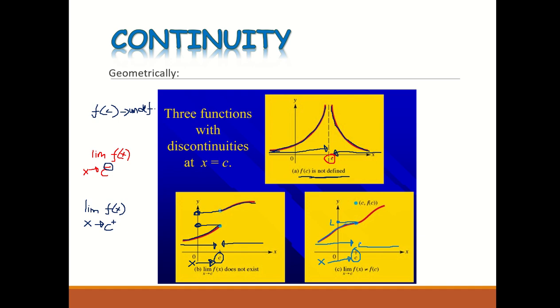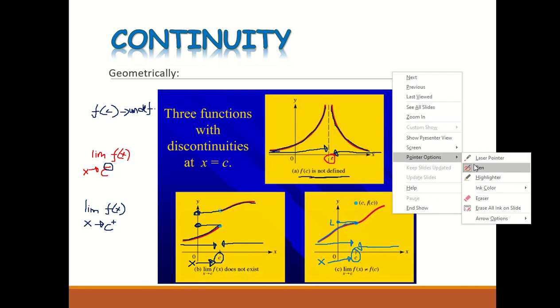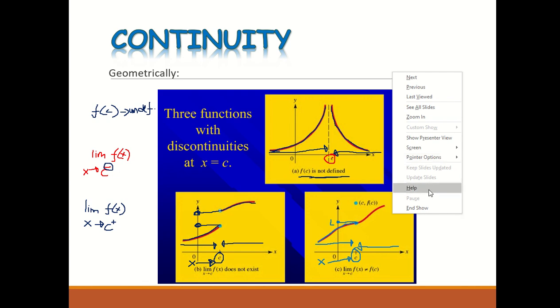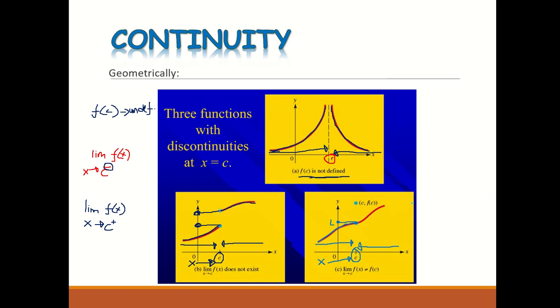Now, tracing the graph from the right towards C, you focus your attention here. I'll change the color. I'll use this green one. Tracing the graph from the right towards the value of x that is equal to C, and then it jumps up here.